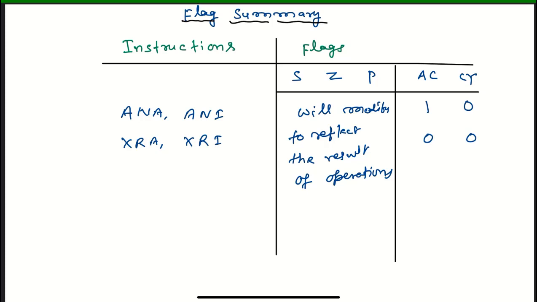The next one is ORing: ORA, which is logical ORing, and ORI. For these instructions also the sign, zero and parity flags will modify to reflect the result of the operation, but the auxiliary carry and carry will both be reset.